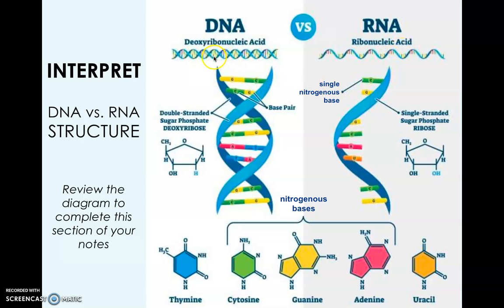And I told you that the deoxyribo portion up here is referencing this 5-carbon sugar that we find in DNA called deoxyribose. In RNA, we have ribonucleic acid, ribo referencing this 5-carbon sugar, a little bit different from the one found in DNA, and it's called ribose sugar. Okay.